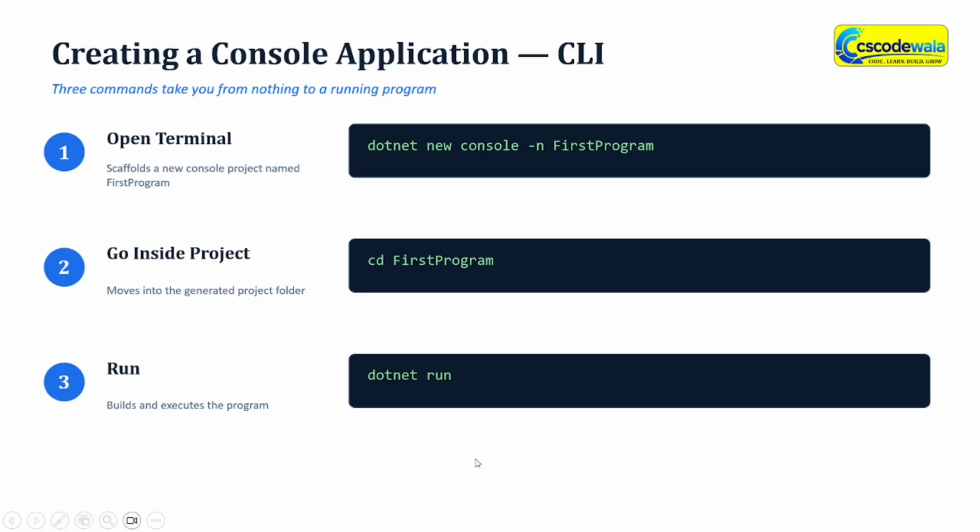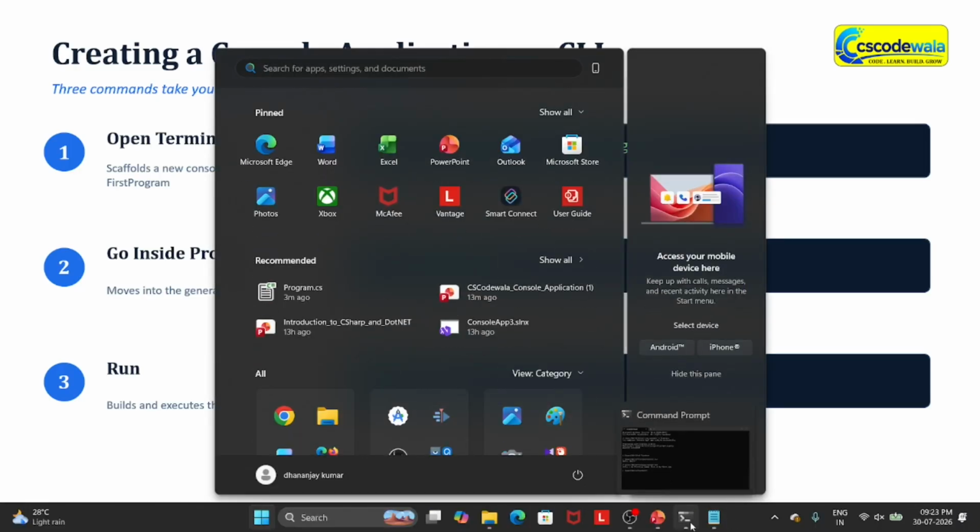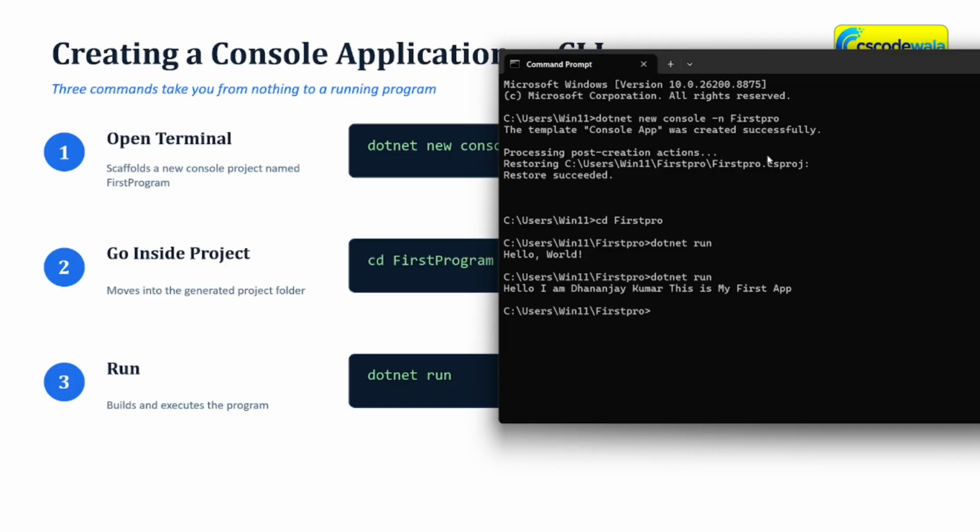My project name is First Pro. And after that we move into the First Pro folder with the help of cd First Pro. In the First Pro folder we type the command dotnet run.